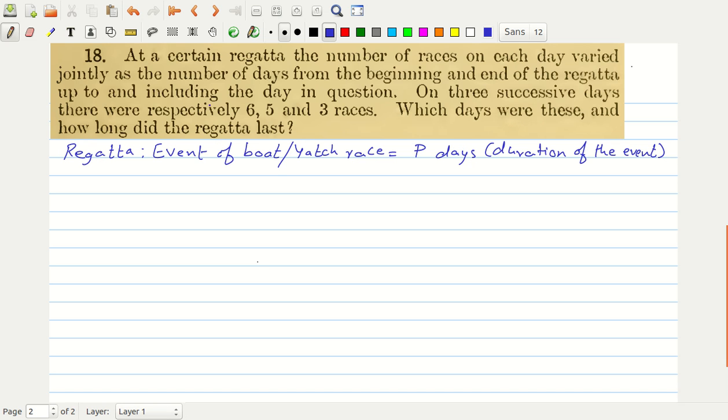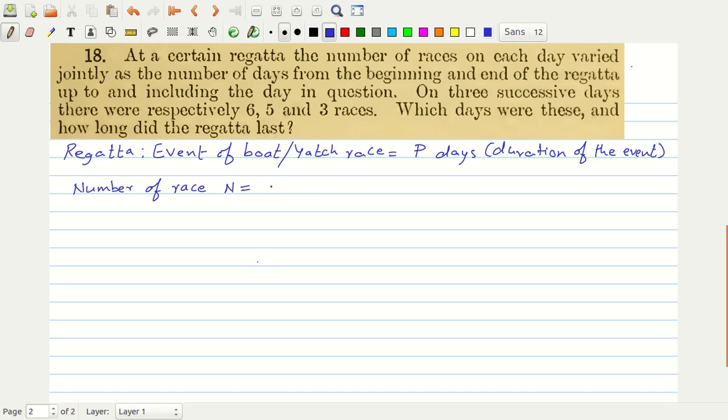Now this question is saying that at a certain regatta the number of races on each day, so if n is the number of races, n is varying jointly as the number of days from the beginning.